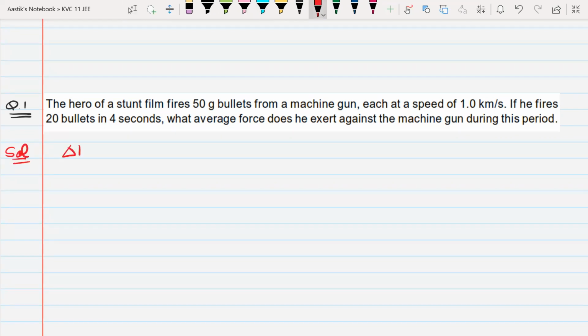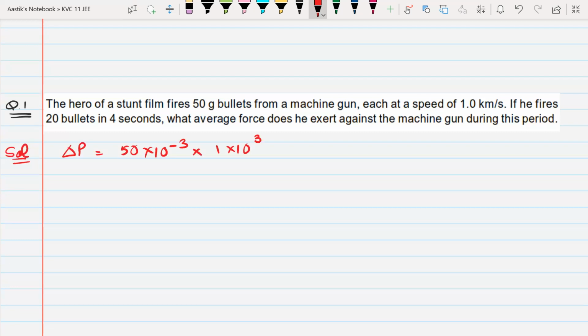One bullet is 50 grams, so 50 into 10 raised to the power of minus 3 is the mass of one bullet. 1 kilometer per second is 1 into 10 raised to the power 3 meter per second.